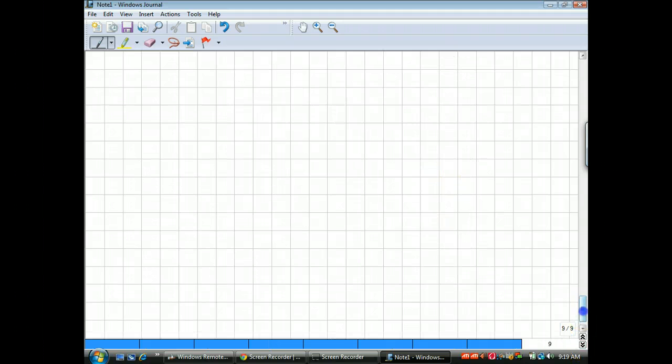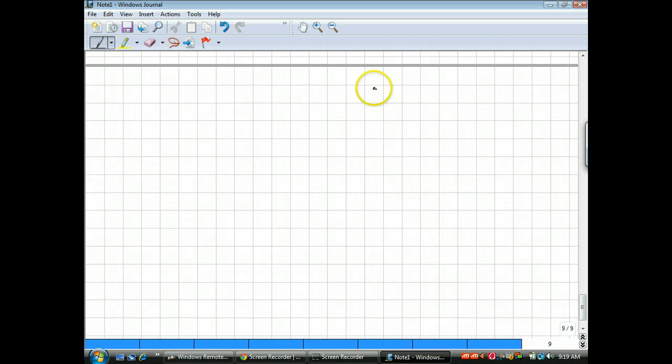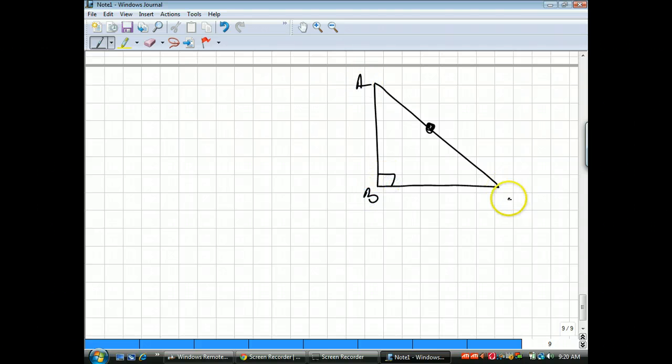Okay, and the final one was the midpoint of the hypotenuse of a right triangle is equidistant from the 3 vertices.